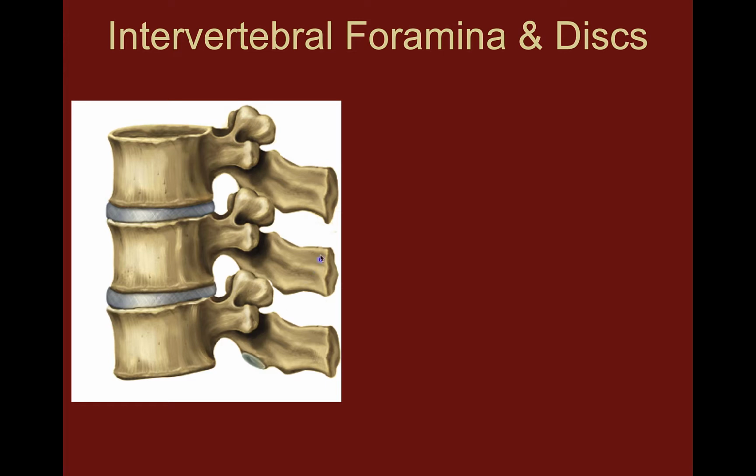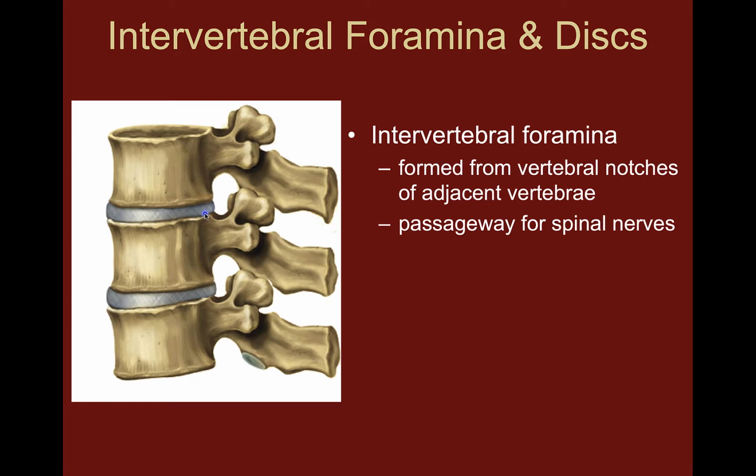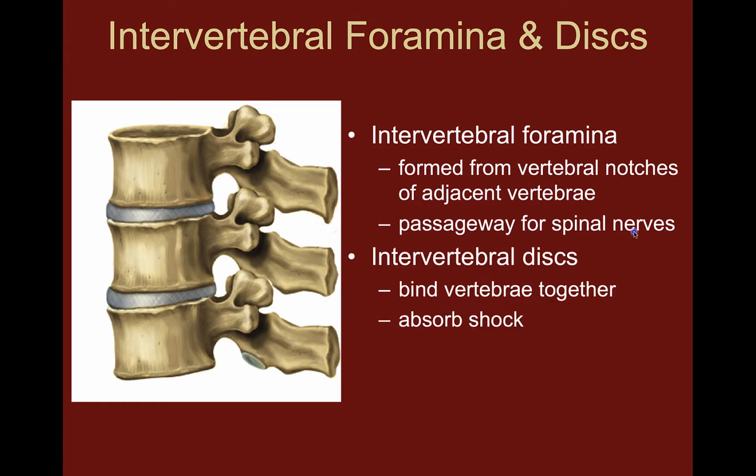Looking a little bit closer, we can see here the intervertebral foramina, and we can see a closer view of those intervertebral discs. So again, the intervertebral foramina is formed from those notches, and this is what's going to allow for those spinal nerves to pass through.